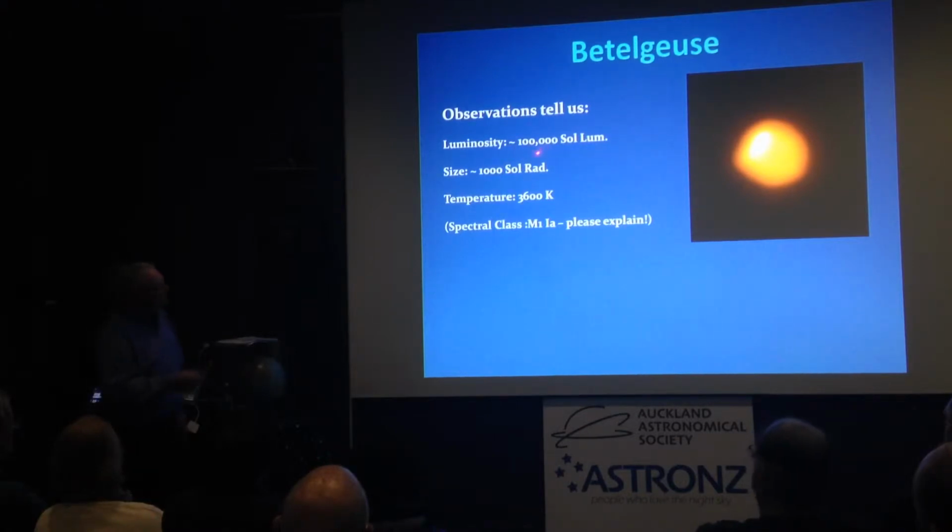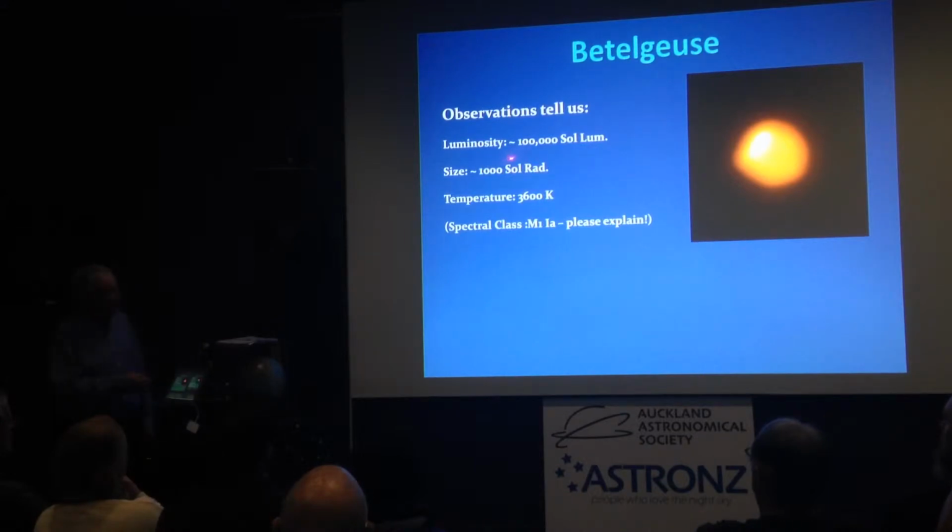So that's telling you it's 100,000 times more power output goes out of Betelgeuse than out of our normal sun. Its size is about 1,000 solar radii. In other words, it's 1,000 times larger than our sun. Its temperature is about 3,600 degrees Kelvin. In comparison, our sun's about 5,800. Give you an idea of the temperature.